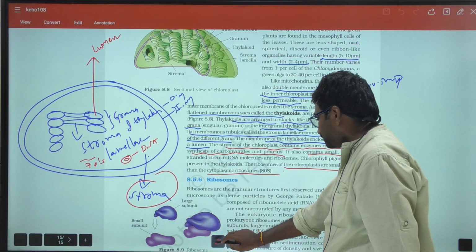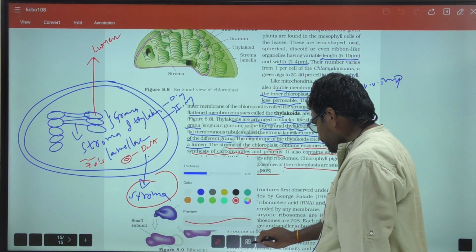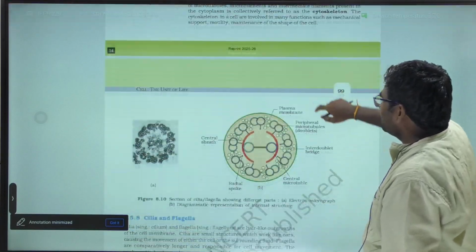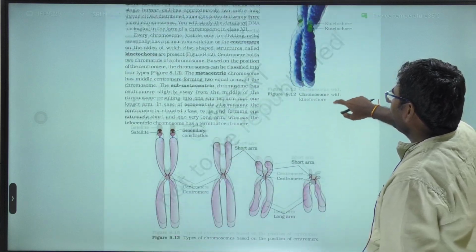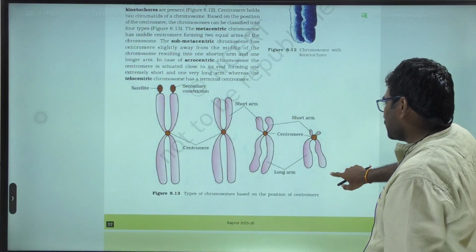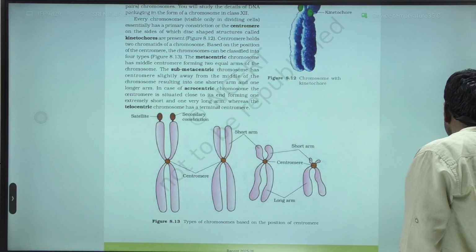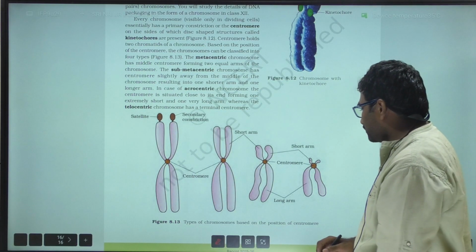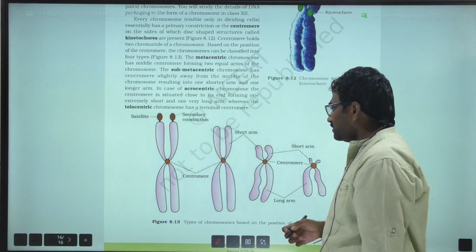So next, another important question from this chapter: types of chromosomes based on the position of centromere. Very, very important question.